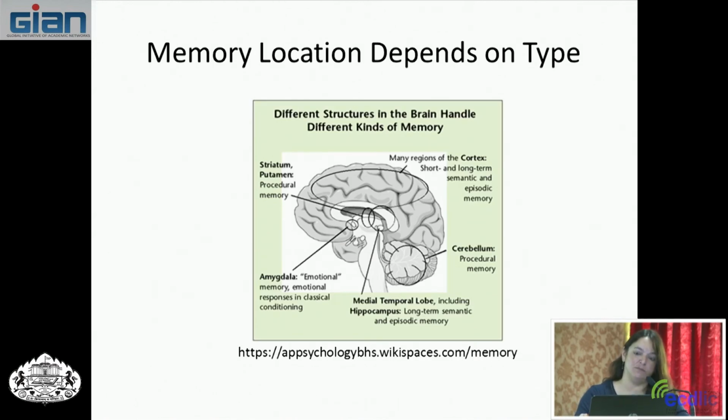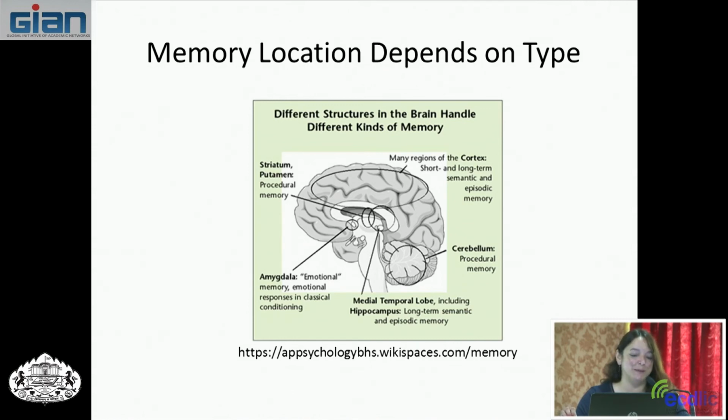And here is where some of the different types of memory are thought to take place. Procedural memory is thought to take place in the striatum and putamen deep inside the brain, and there are tracts of neurons that are thought to be associated with dopamine. Emotional memories could take place in the hippocampus, I'm sorry, I said hippocampus, but I meant amygdala.